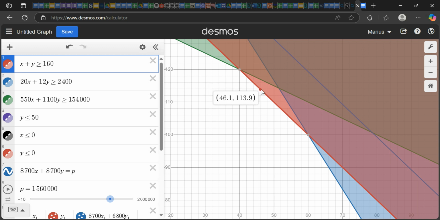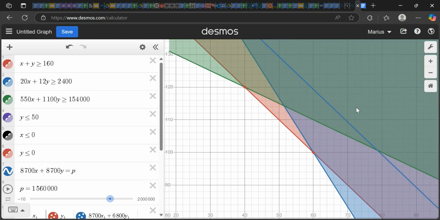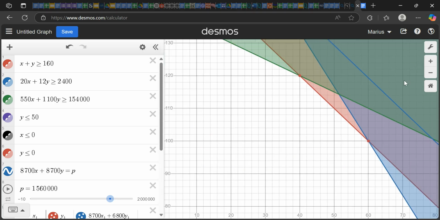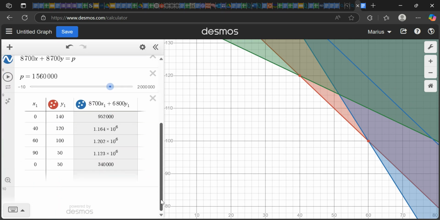I've got 46, 114. See how many multiple solutions for the same profit of 1,560. Yes, so I can just get some values in here.